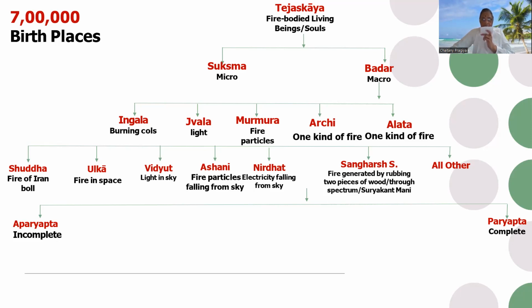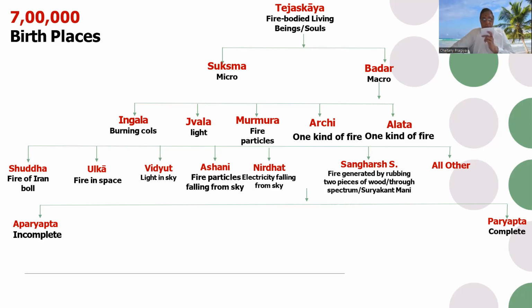And so far as the worldly living beings are concerned, we have discussed their number of birthplaces, and also some of the mobile living beings and immobile living beings like earthly bodies and water bodies. Today we are going to discuss the fire-bodied living beings.